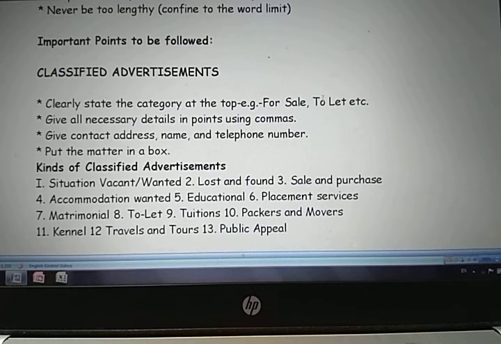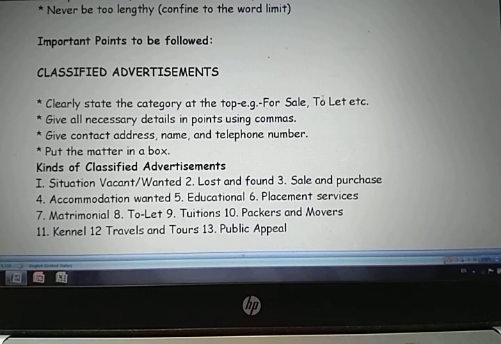Educational. Suppose now I started some educational facilities, then I go for an advertisement. Placement services, matrimonial, to let, tuitions, packers and movers, kennel means about what?